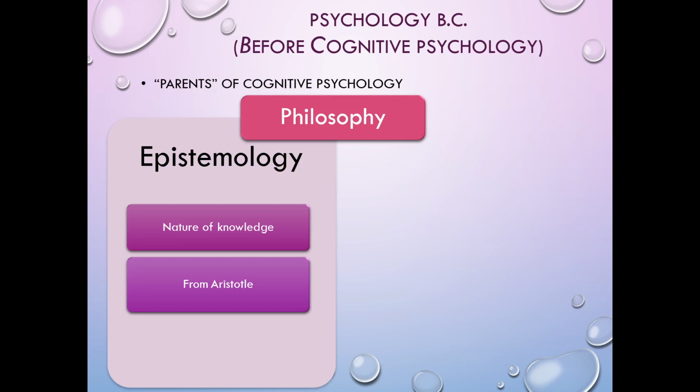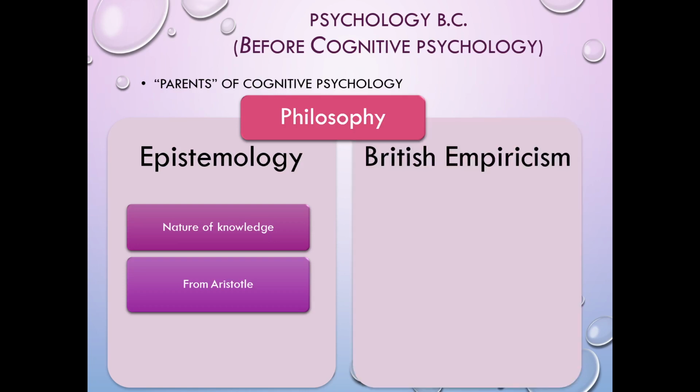These are things that humans have been struggling with for a really long time, and Aristotle just made a really great case for the need to understand knowledge. Now, the group called the British empiricists argued that all knowledge is acquired through experience.